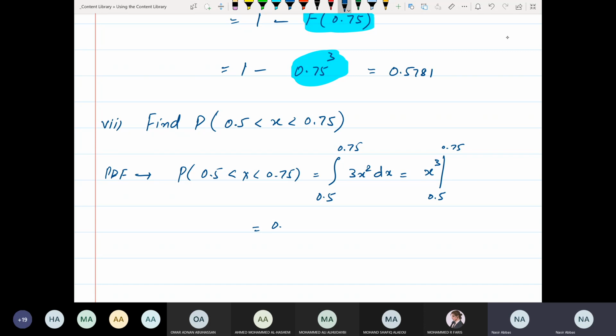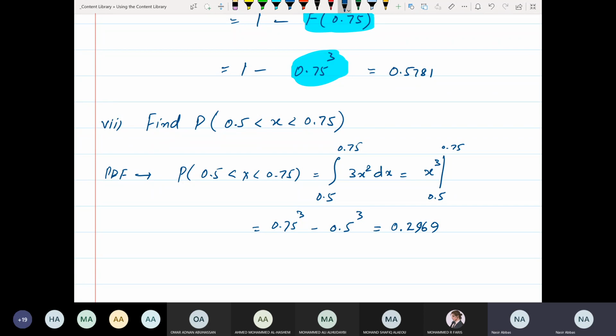And this is going to be 0.75 cube minus 0.5 cube, which is 0.296875, about 0.2969.